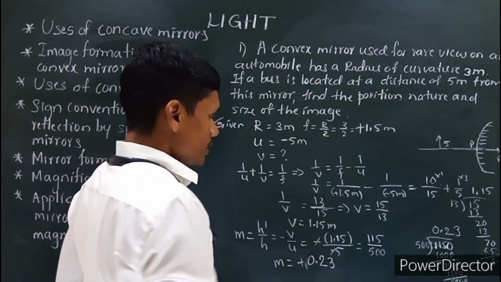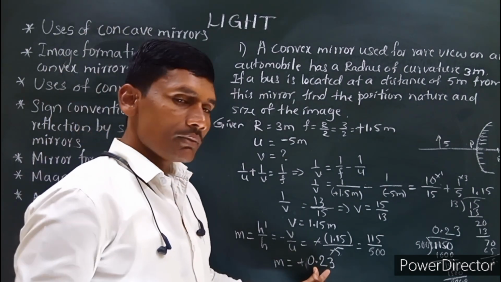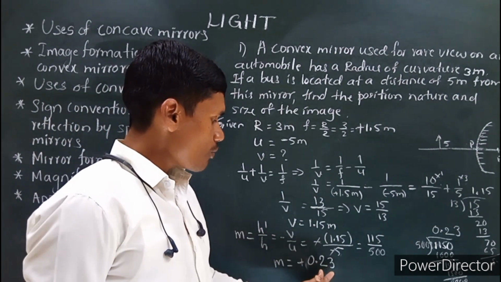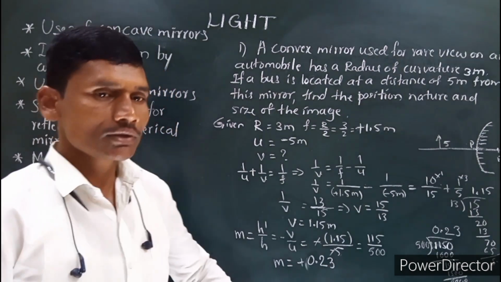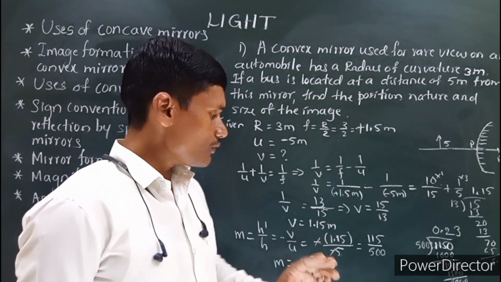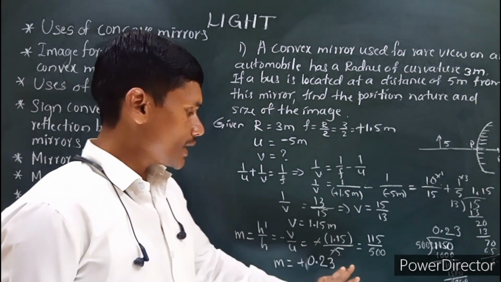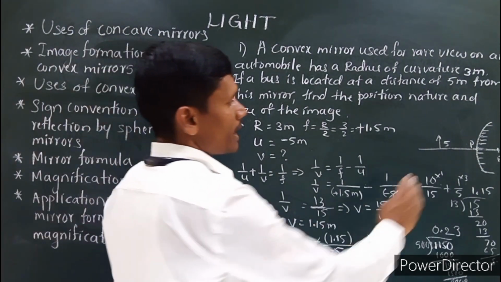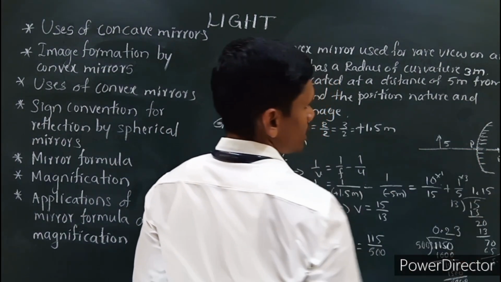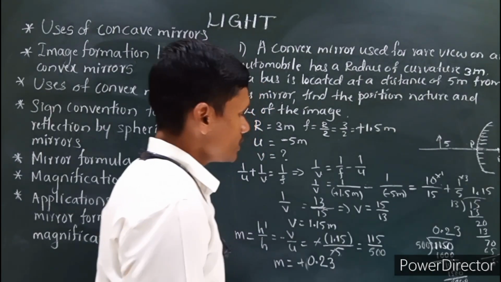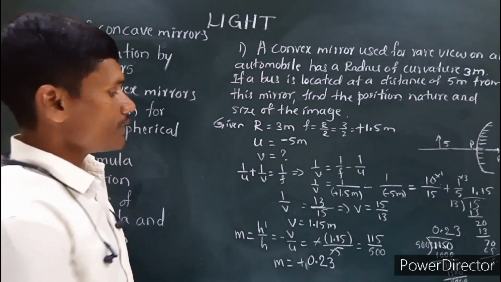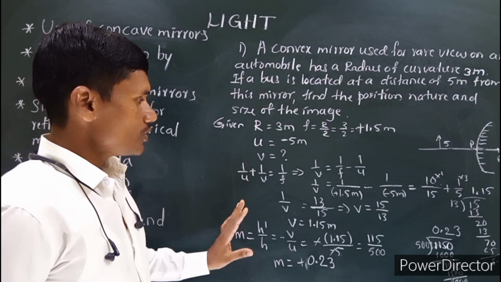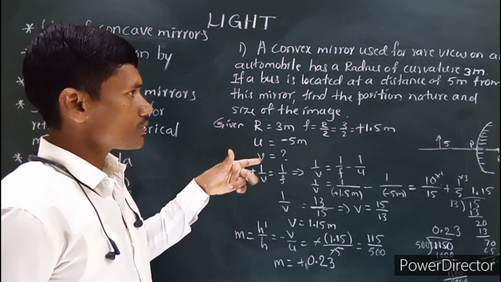And here the image is smaller than the object by a factor of 0.23. The image is formed behind the mirror, virtual and erect. So this is the answer for this question.